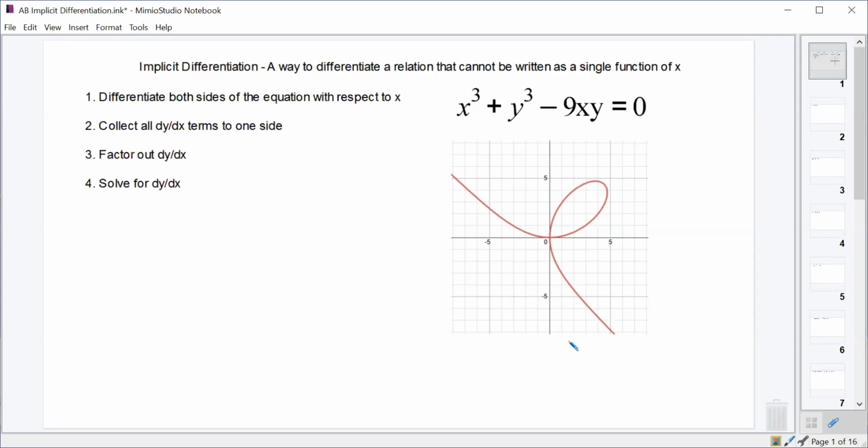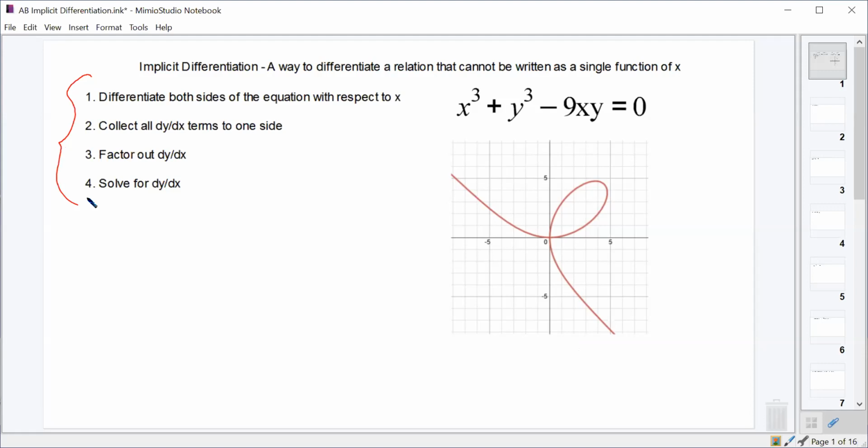When we do that, we're going to end up with some terms that have a dy dx attached to them, and we'll factor out the dy dx's and solve. That may not make perfect sense yet, but it's going to make sense as we move through the day today. But these are the steps you're going to want to follow anytime you need to use implicit differentiation.